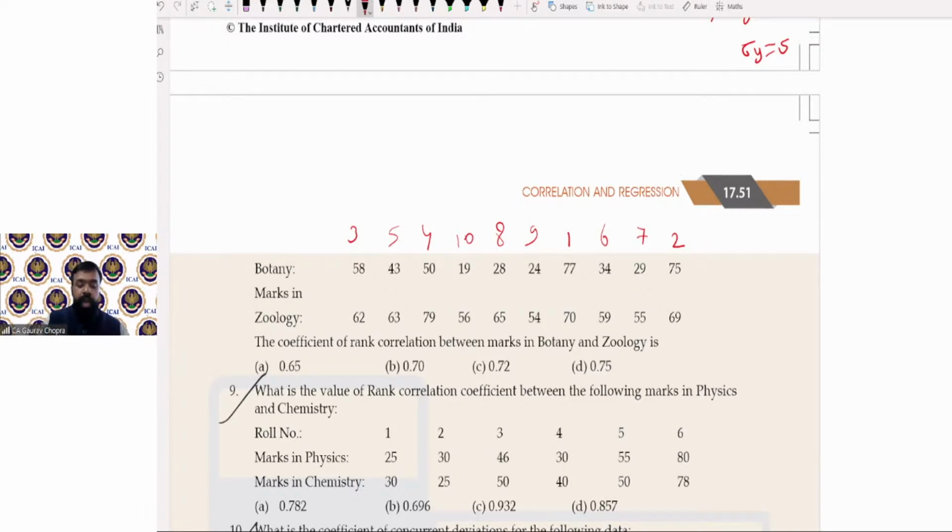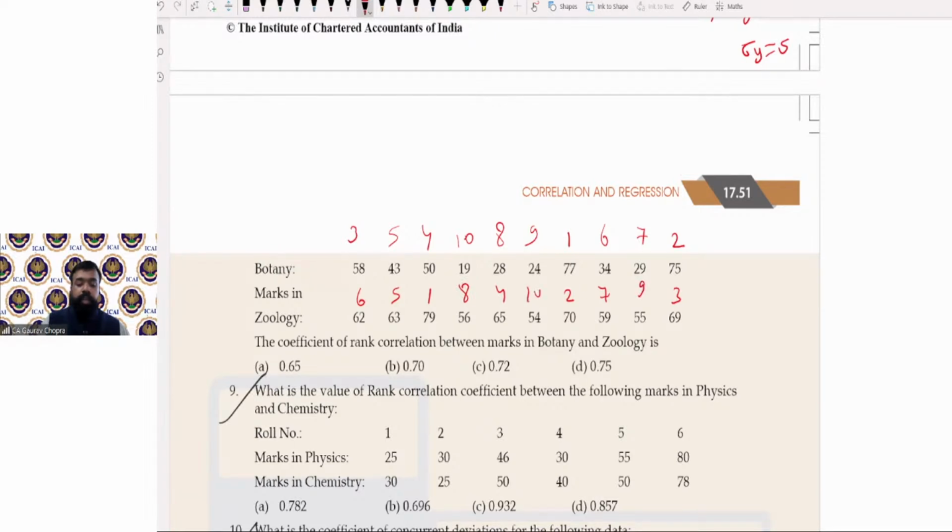In Zoology also you have to rank first. The highest is 79 marks, first rank. Then 70, second rank. 69 is the third rank. 65, fourth. 63 will be fifth rank. 62 is sixth rank. 59 will be seventh. 56 will be eighth.